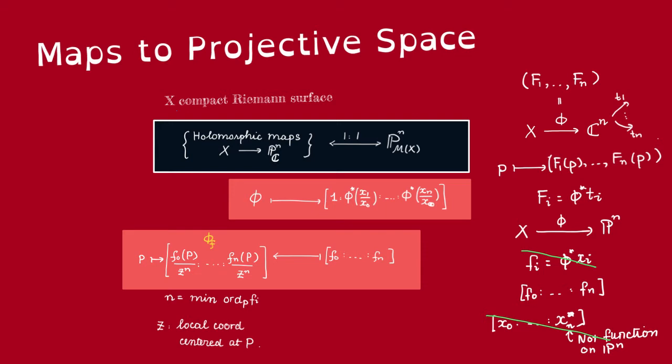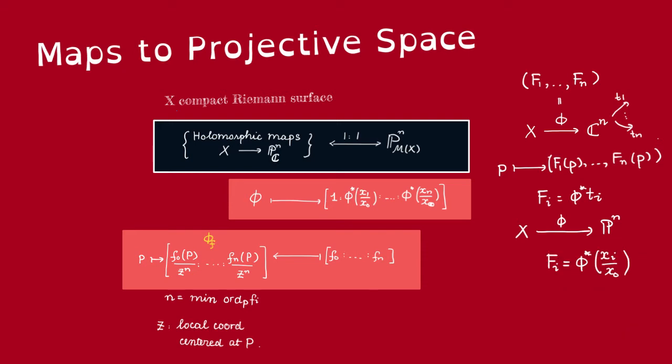So for example, on the affine piece x0 not equal to 0, the ratios xi over x0 are indeed coordinate functions, and these are meromorphic functions on P^n because they are holomorphic on an affine open. So the pullback fi here are going to be meromorphic, not holomorphic, functions on X.